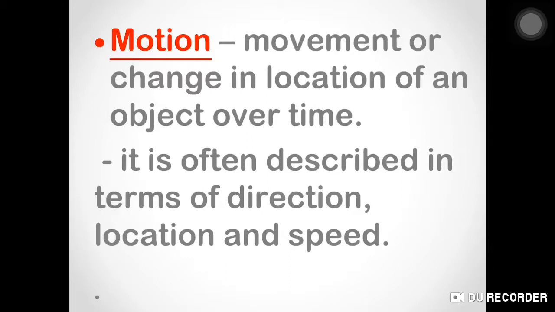So we cannot say that one object moves if it doesn't change location. Sometimes it does not change direction, but it changes in location. So why is it that there is speed? Because movement or motion takes place in a given time.